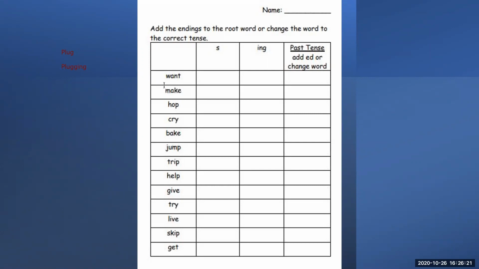However, for the purpose of this redo assignment, we're going to simplify it down a little bit, and we have only given you verbs. Okay. So basically, in this case, the inflected endings will change the tense of the verb, or even in the case of the S, it will change whether it's a singular verb or a plural verb.